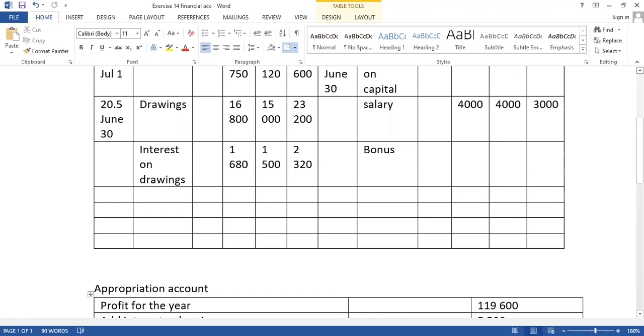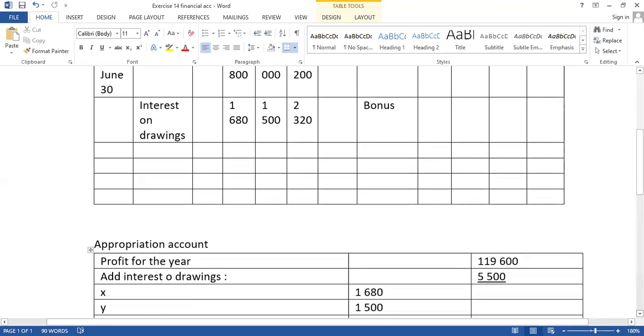In the current account, salary is added because that is the partner's account, and the partner is the one receiving the salary. He is the one receiving interest on capital, and he is the one paying interest on drawings. And the appropriation account is for the business. The business is the one receiving the interest on drawings.